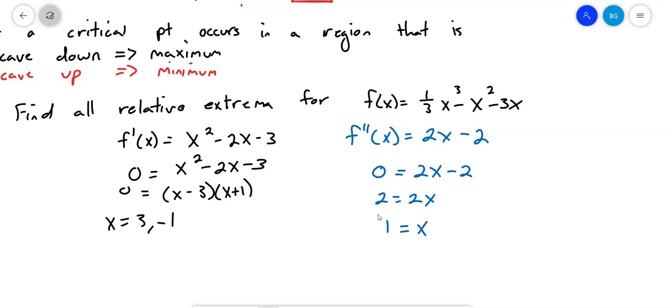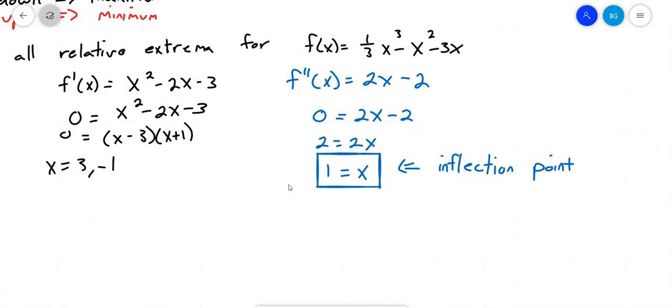So my inflection point, by the way, vocab here: a point where the second derivative is 0, we call that an inflection point. I guess I should be careful with my words here.